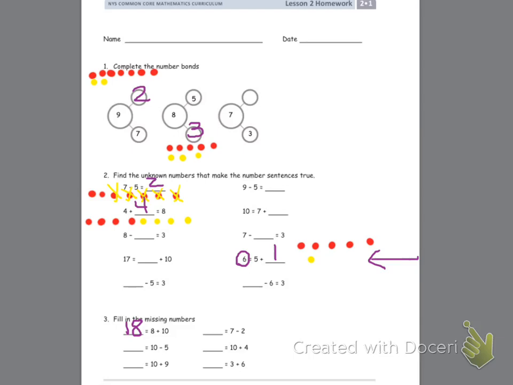In the problem right next to it, what is the same as 7 minus 2? If they don't know what 7 minus 2 is, you can have them do the dots. 1, 2, 3, 4, 5, 6, 7, and then cross out 2. 1, 2.